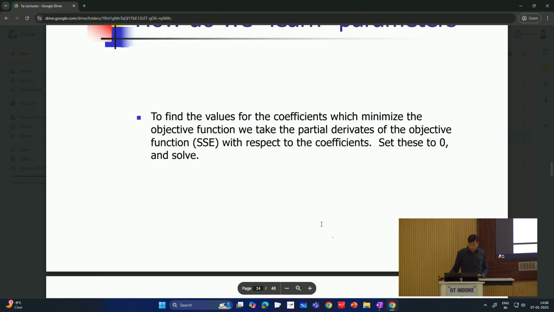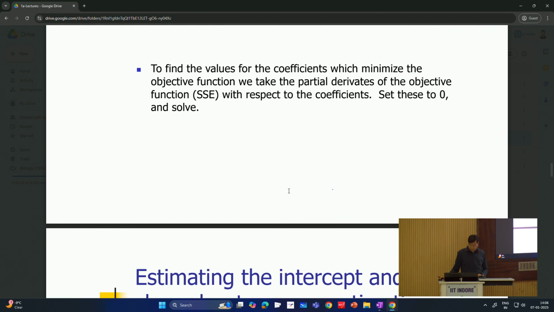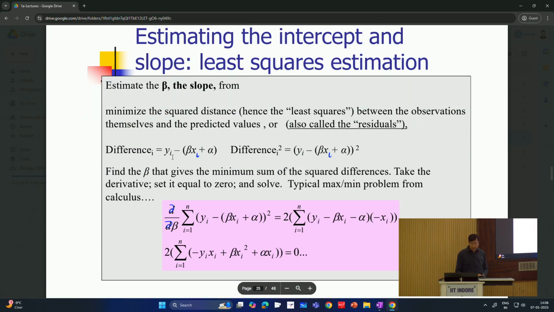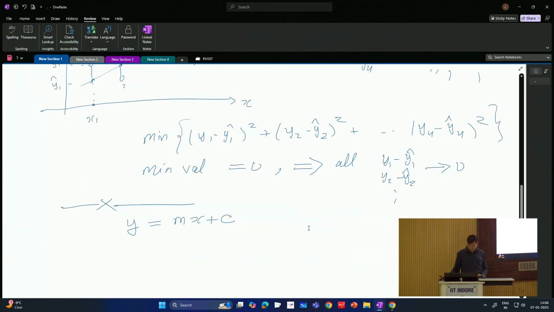All right. So how do we learn the parameters? We take the difference between the actual and the predicted, which we wrote here, and we find the minimum of that.